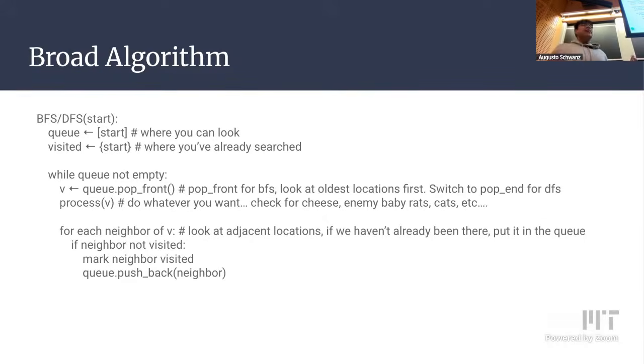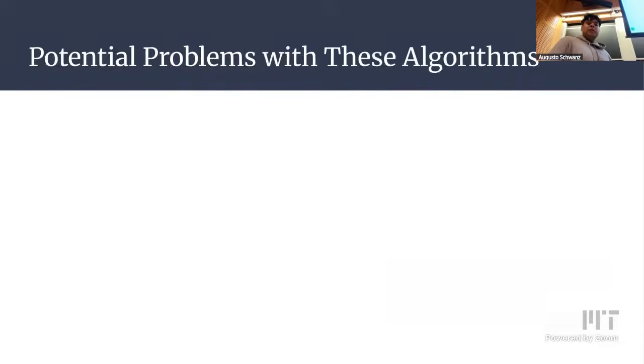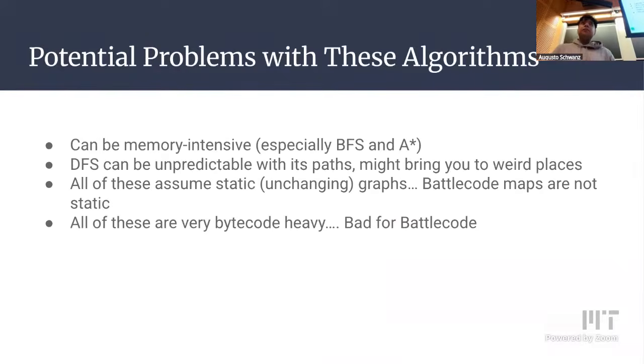Those are all things that you're limited in Battlecode, and especially in breadth first search and the A-star algorithm, these are not ideal. Another issue, especially with depth first search, is that you really have no idea where you're going to go. Eventually, if the location you want to get to is reachable, so if you're looking for cheese and it's not blocked completely by dirt or walls or enemy rats, we'll find it. But you might stray off in all these different directions before you end up finding your cheese.